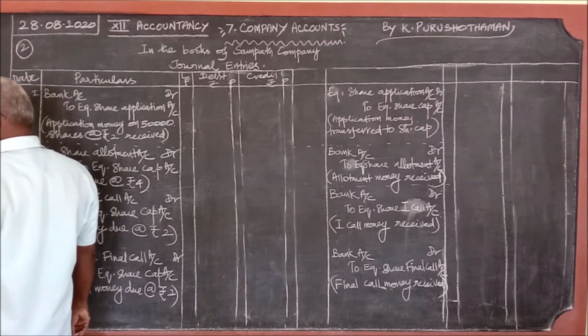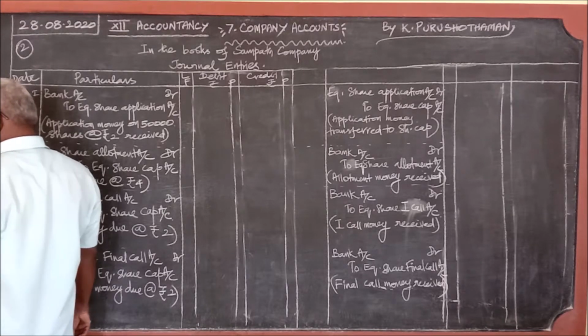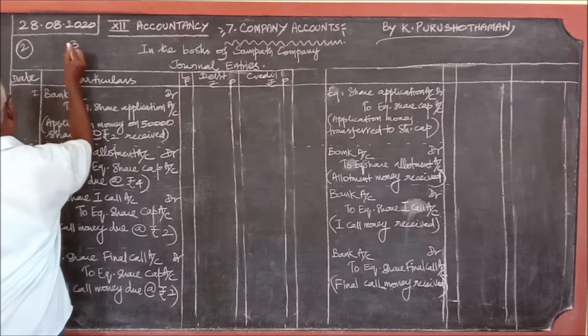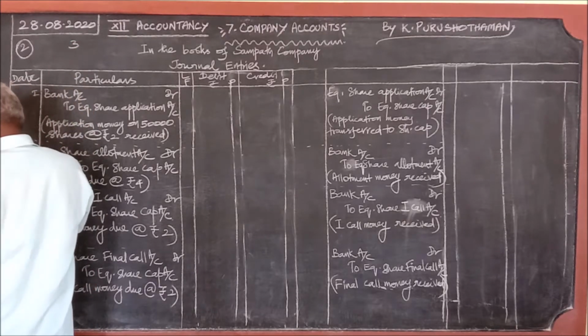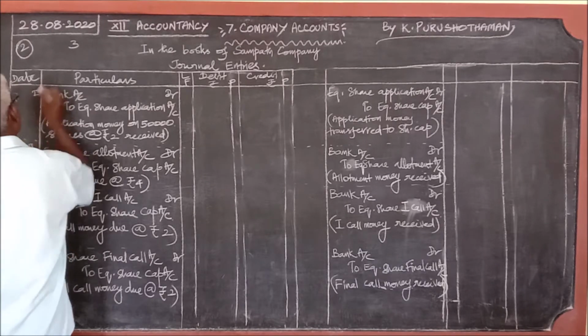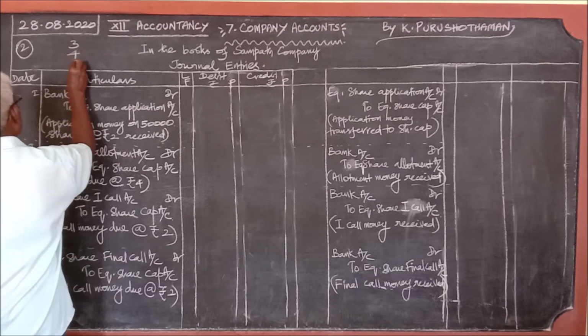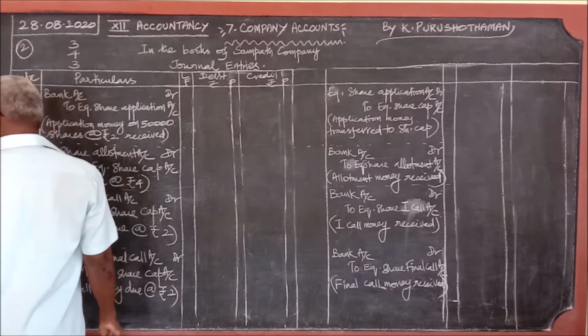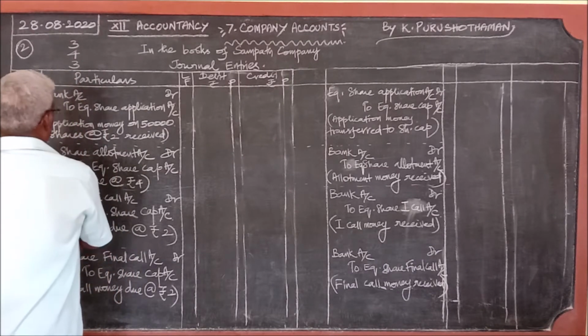Sampath Company issued 25,000 shares of rupees 10 each, payable 3 on application, 4 on allotment, 3 on first and final call.